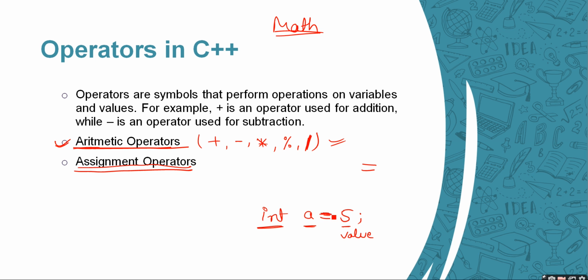When this equal to sign is present there, the compiler will understand that this 5 needs to be stored inside this a. Only when this assignment operator is there can the compiler understand that there is a memory location called a, and that it needs to store this 5 inside a. So this is the assignment operator.